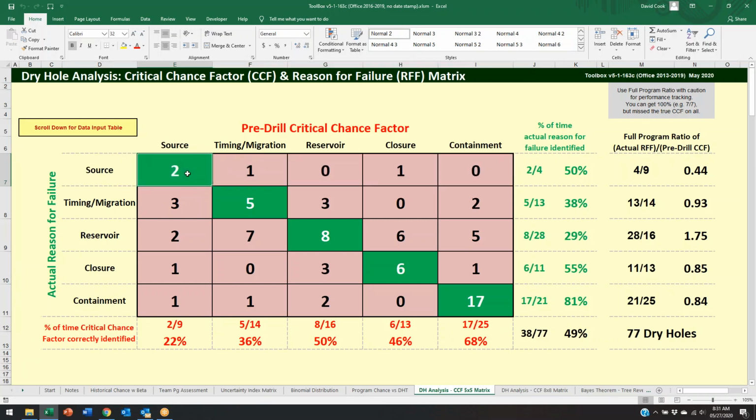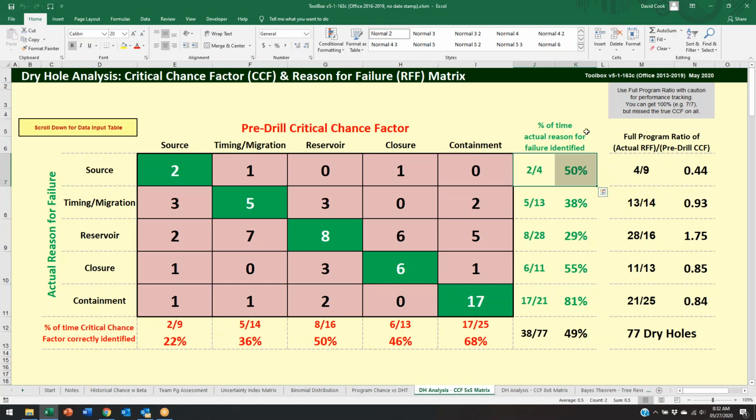In my pre-drill assessment of the chance components, the critical chance factor, that is the lowest chance factor, in 2 of those 4 was source. On one of them, the critical factor was identified as timing of migration. Another one was closure. So I was able to predict accurately 2 out of 4 times, 50% of the time, that source was going to be the reason for failure.